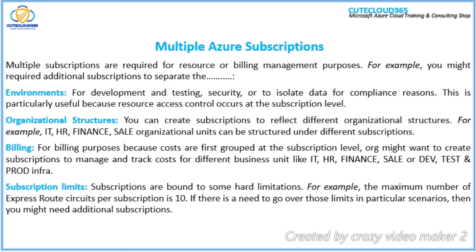For example, the maximum number of ExpressRoute circuits per subscription is 10. If you have already exhausted these limits, then you have to create another subscription, and then you can create 10 more circuits. So that's why you need multiple subscriptions.